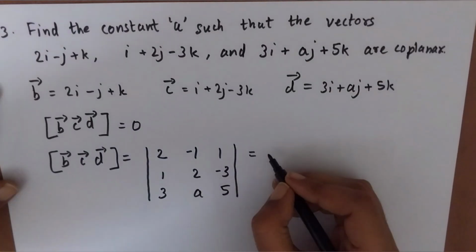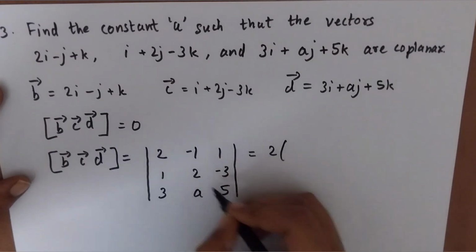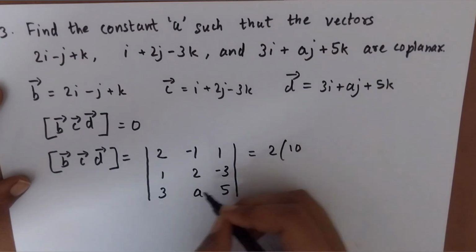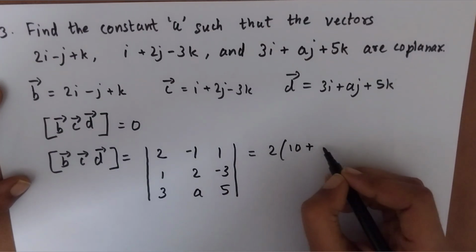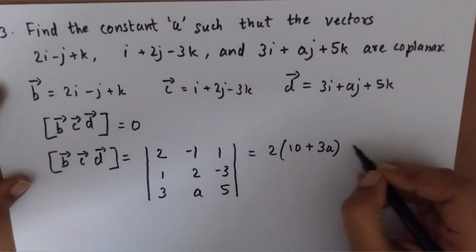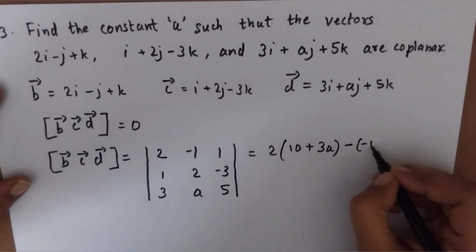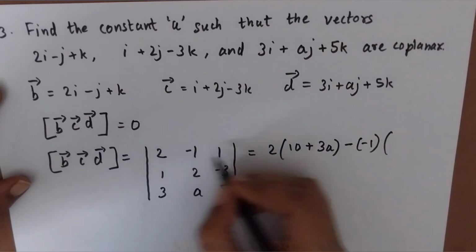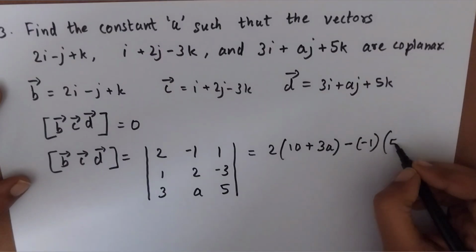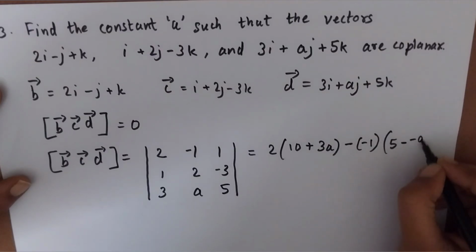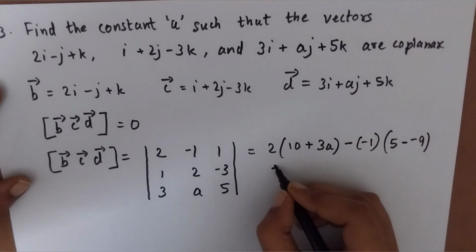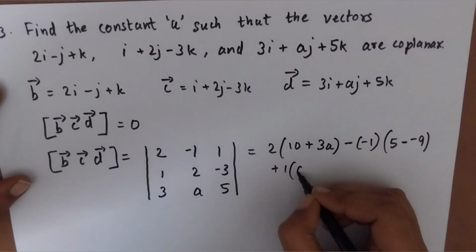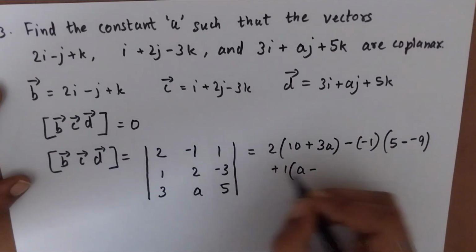So when you expand this, you will get 2 times 5 into 2 is 10 minus 3a, which is plus 3a minus 1 times 5 minus 9 plus 1 times a minus 6.